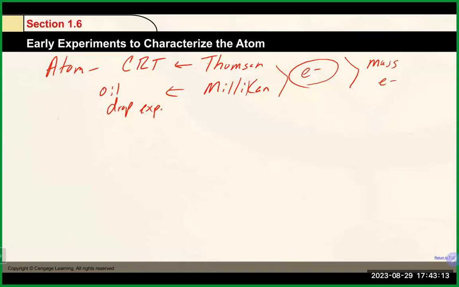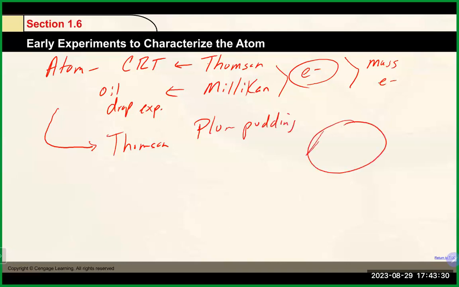At that point, it led, along with some other experimentation, to the early model of the atom, the one proposed by Thomson, and that is the plum pudding model. That is the model where the atom is basically all this positive charge spread out over the sphere.